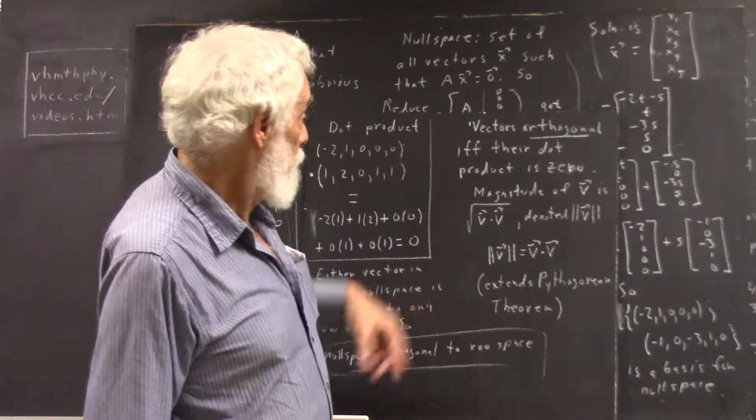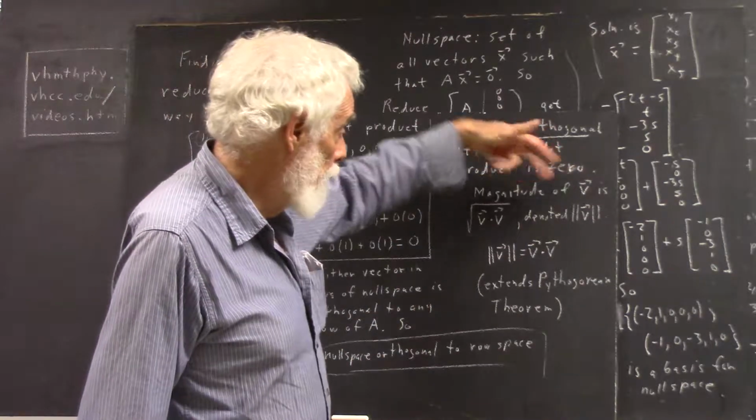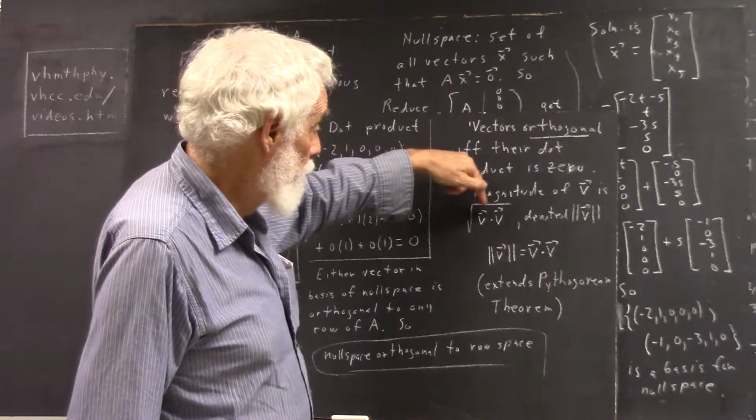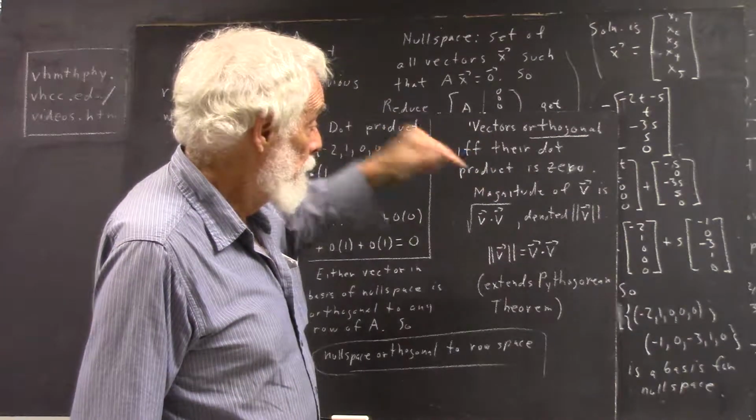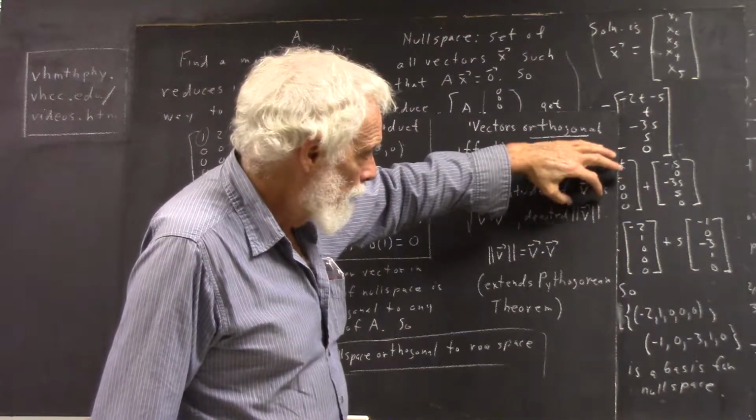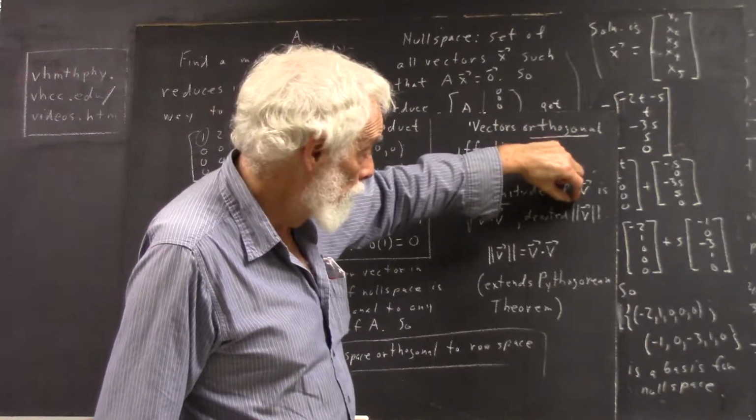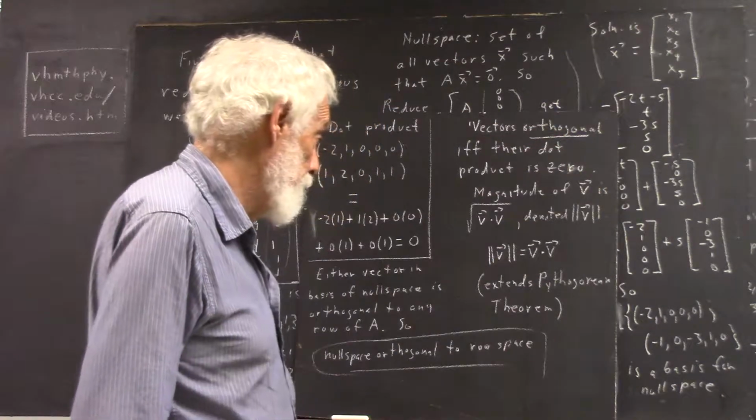Just a couple other things about the dot product. The magnitude of a vector is the square root of its dot product with itself. And we denote that by a kind of double absolute value sign.